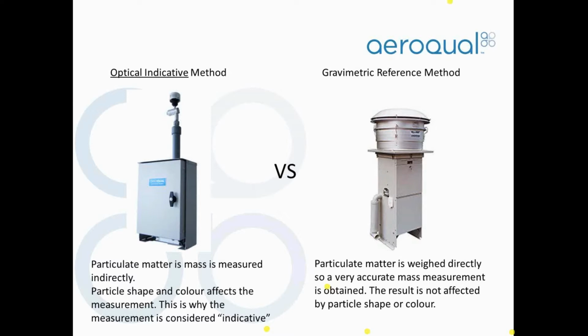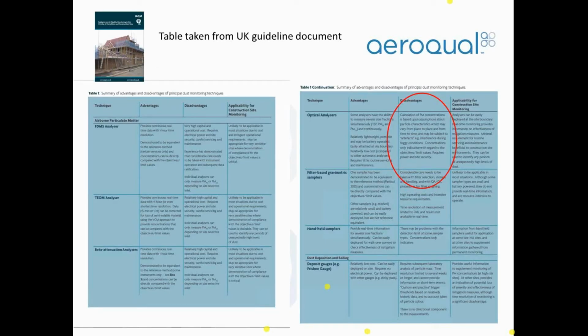With the optical method, because we're relying upon an interaction with the particle with a laser beam, the shape, the morphology can affect the accuracy of the measurement. And this is why the optical methods are often referred to as indicative, because of this inherent lack of accuracy or inherent uncertainty associated with particle type. This disadvantage is highlighted in the guidance document I showed you previously in the UK.